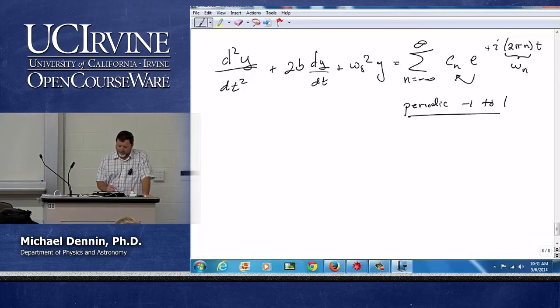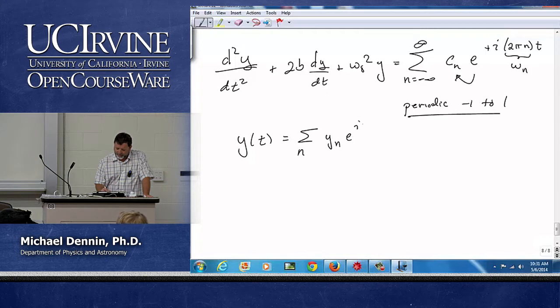Now, the Fourier transform, therefore, of y of t, the Fourier series, is a sum over n of y sub n e to the i omega n t.